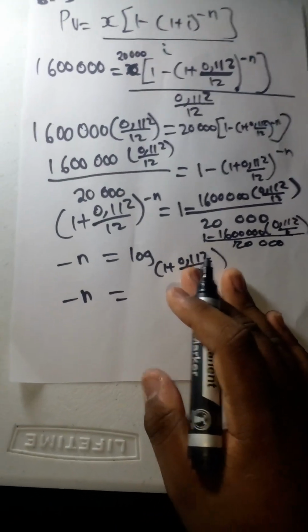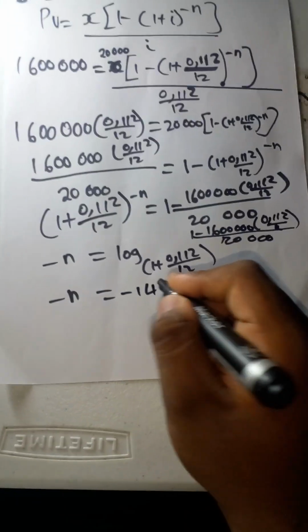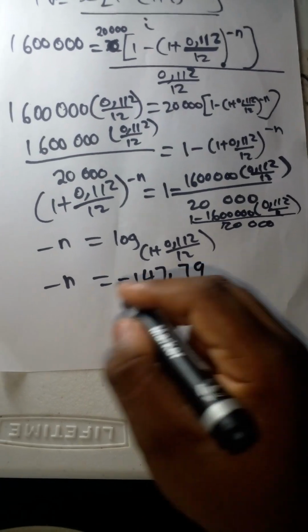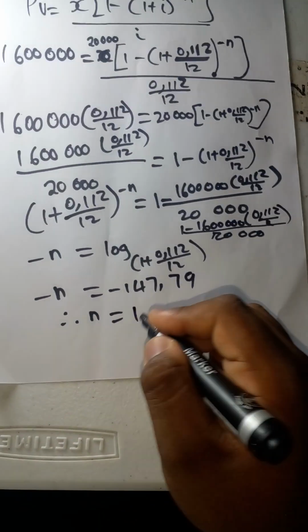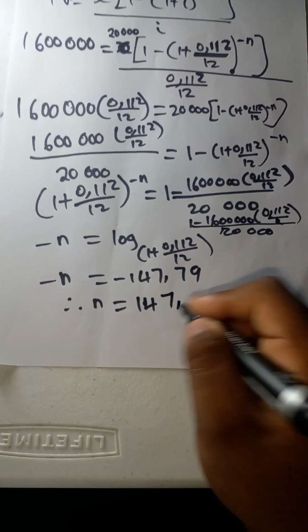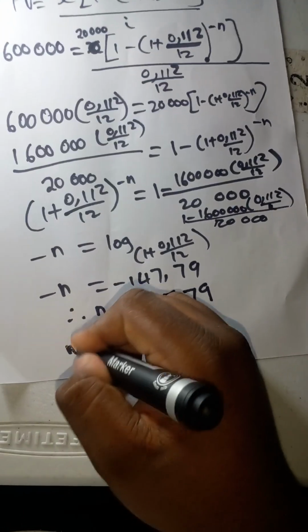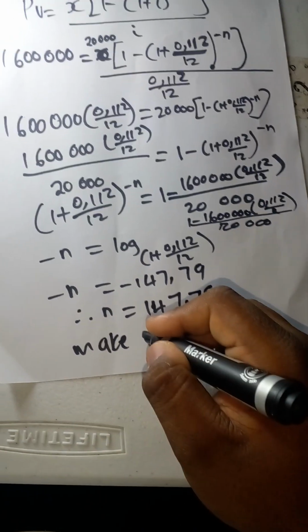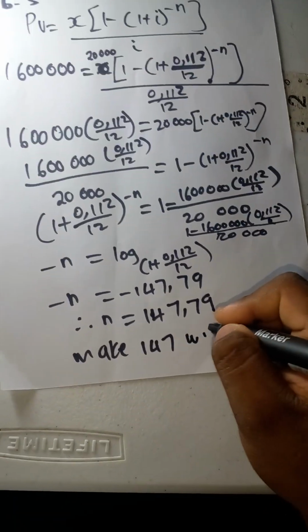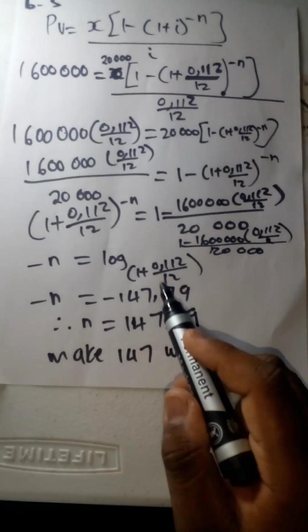So negative n there, it is equals to negative 147.79. Therefore, the value of n is equals to 147.79. So it means he will be able to what? To make 147 withdrawals.